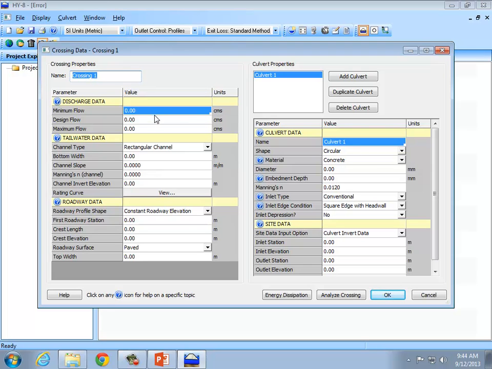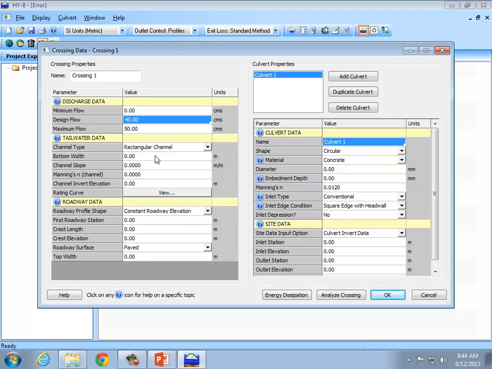First time around, maybe I'll just have the design flow be 40, maximum flow 50. We'll just go from 0 to 50 and see if that headwater depth of 2 is somewhere in between, and then I can rerun the simulation over the narrower range as I hone in on the answer.